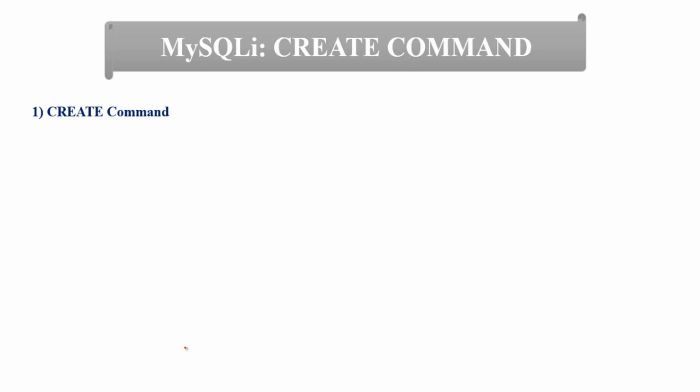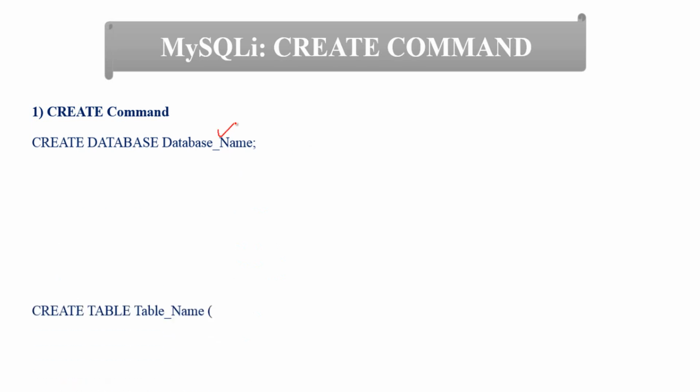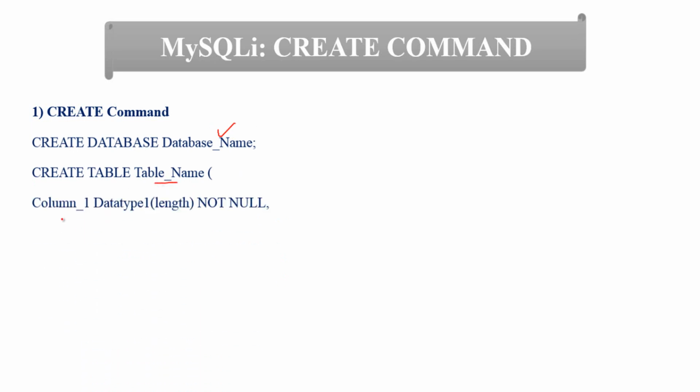Another thing is, if you want to set any column as a primary key, how can you do that in MySQLi? So same, create database name. This is the same as discussed, but when you want to create a table, for example this is a column name, and you say that this should be not null, you just have to mention not null.